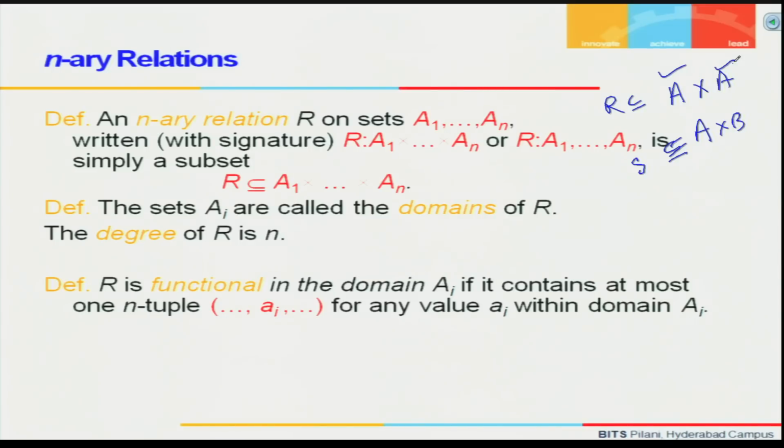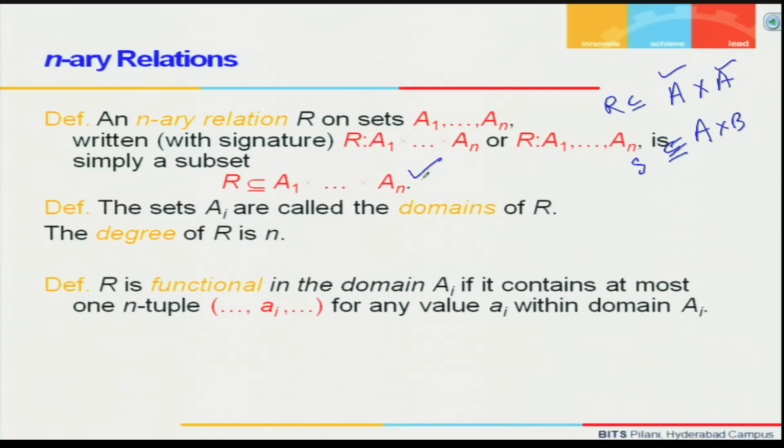You can talk relations on n sets as well. When you are talking relations on n sets, it is going to be simply this: R is a subset of A1 cross A2 cross ... cross An. Then you say this is an n-ary relation because there are n sets on which you are working, and the sets Ai are called domains.